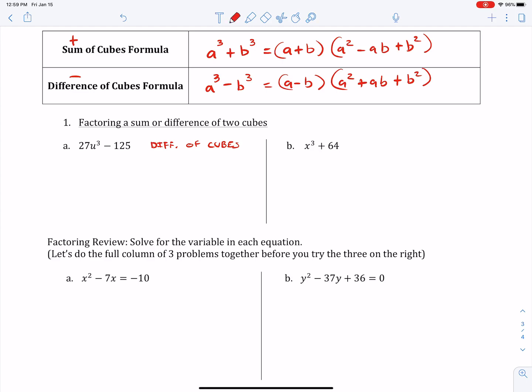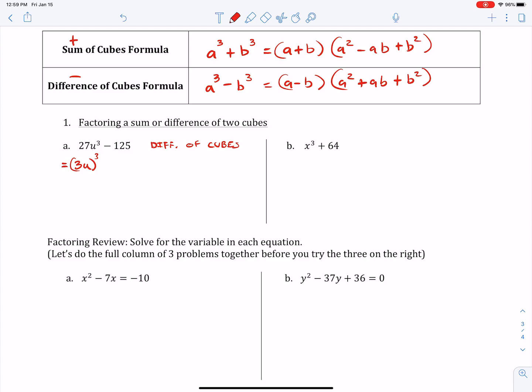Well, let's break this out. 27u to the third minus 125. Well, what's the cube root of 27? It's 3. And it says u to the third power. That's just u to the third power. Right? If I distributed that exponent of 3, 3 to the third power is 27.